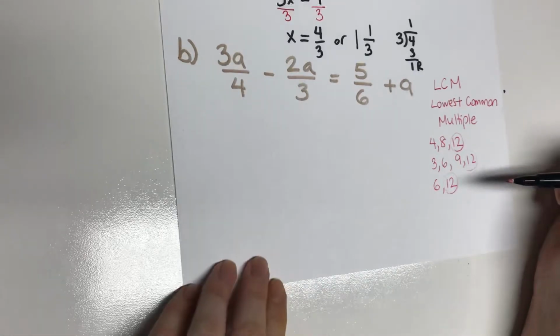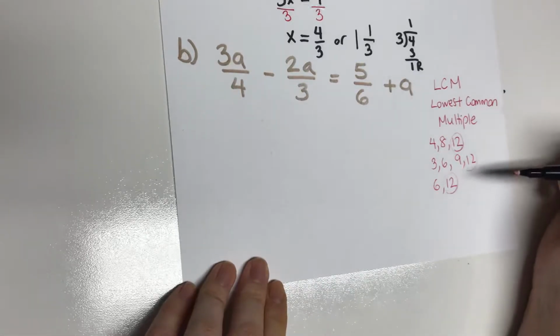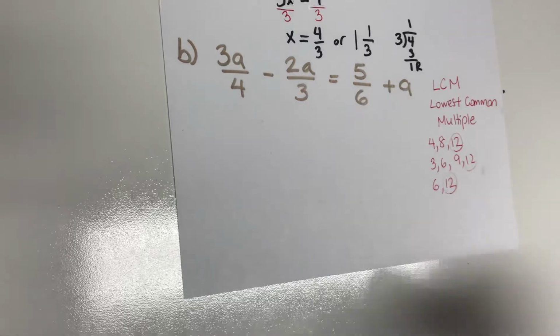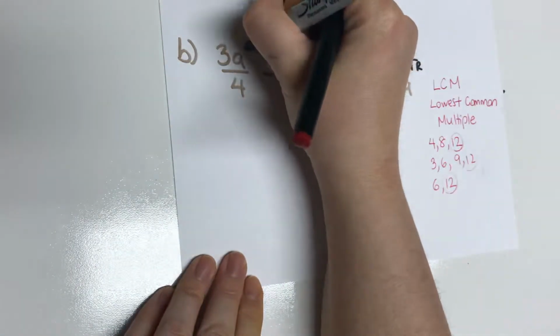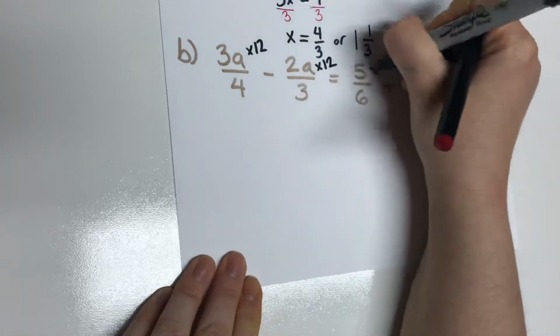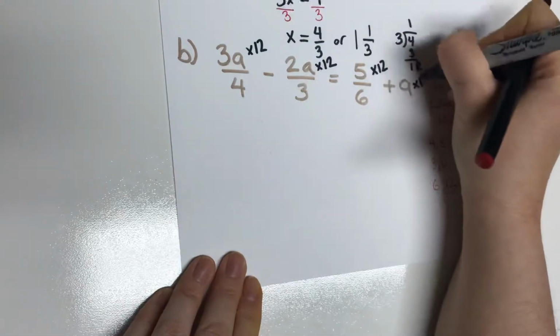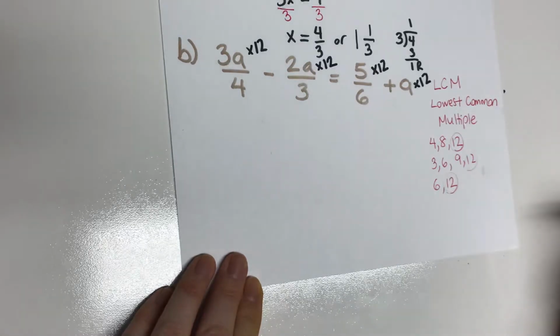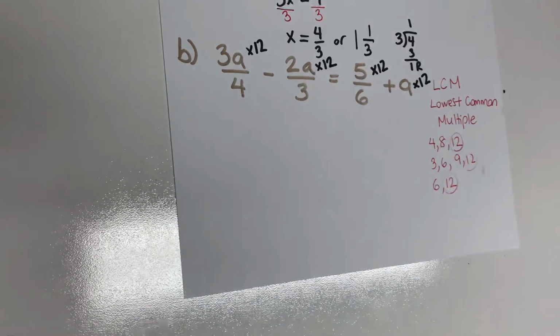So what I'm going to do is multiply every term by 12. And the reason that I'm doing that is that it's going to help me get rid of these fractions.